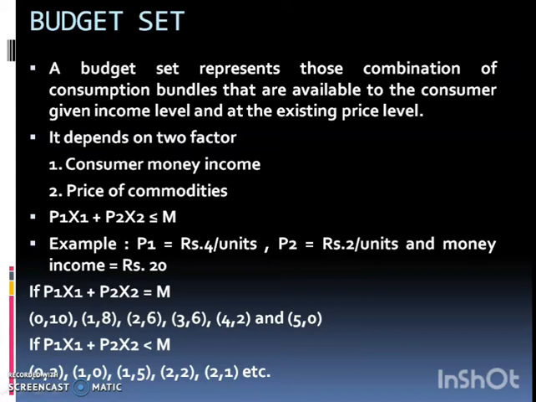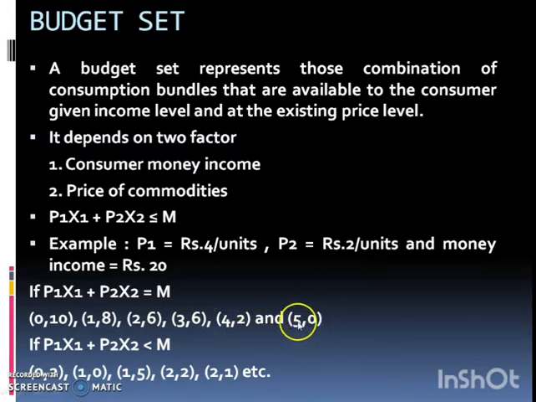In the first situation, he spends his entire income on good 1 and good 2, and he can choose any one of the bundles given below: 0, 10; 1, 8; 2, 6; 3, 4; 4, 2; and 5, 0.